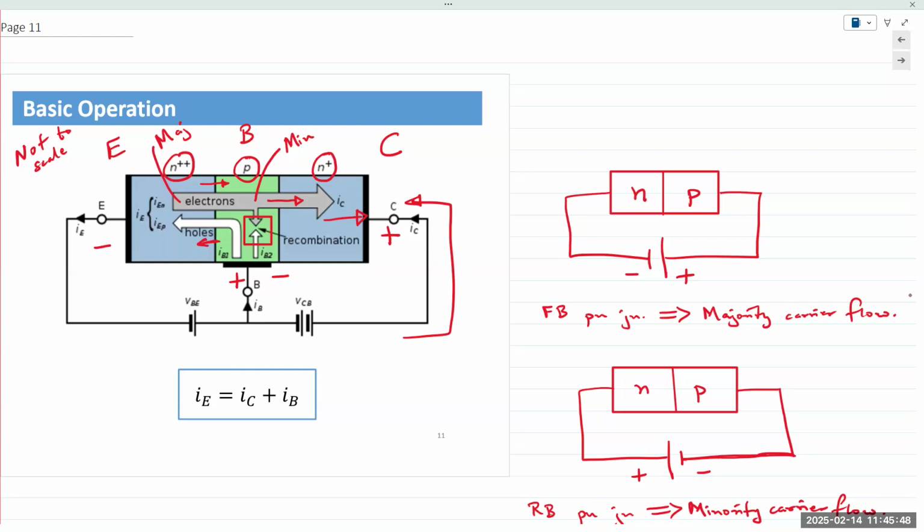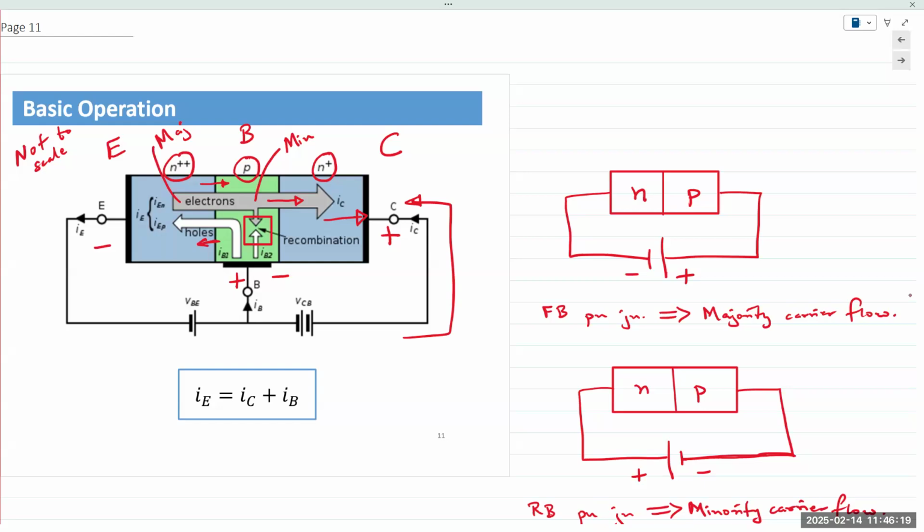Yes. So holes going into the base from where? So base current IB, is that what you're saying? Yes. But because base is very lightly doped, the number of holes is very low.